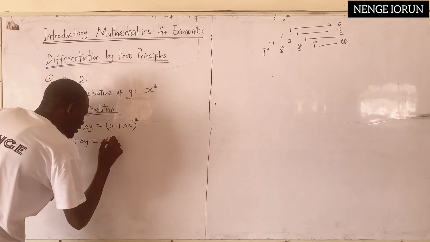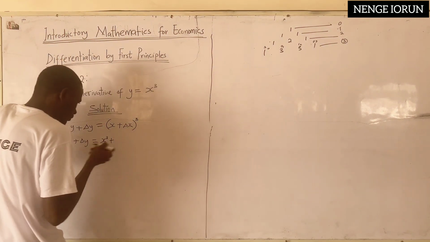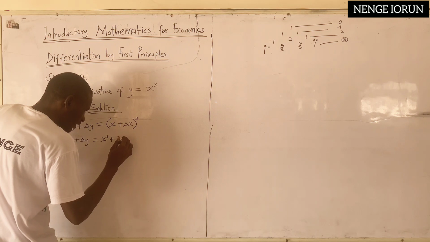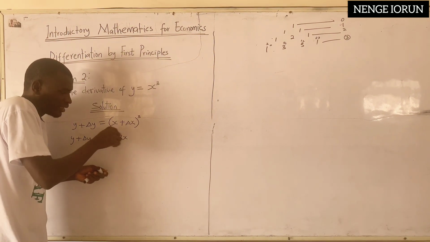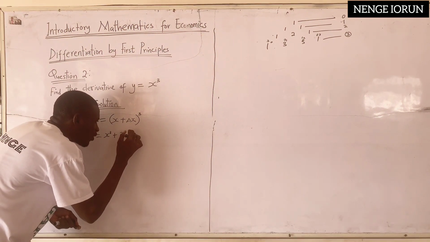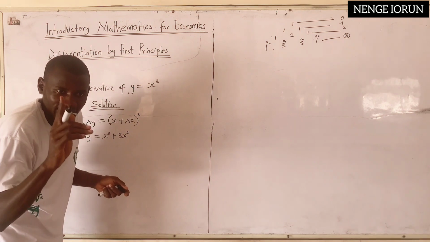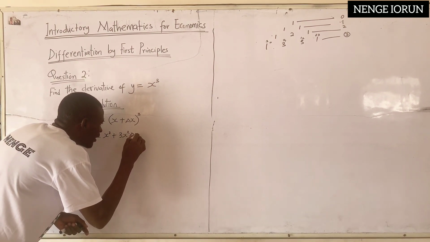So the next coefficient is 3x, where x is to the power 3 reduced by 1. The next one, x will decrease by 1, which is 2, and delta x will increase by 1, which is delta x.